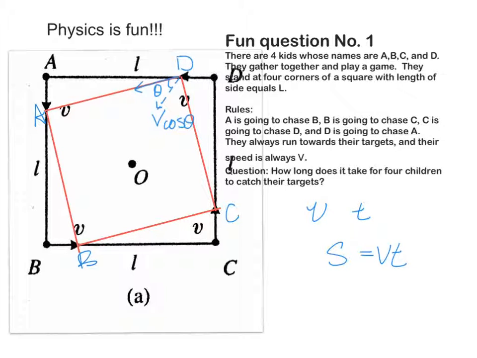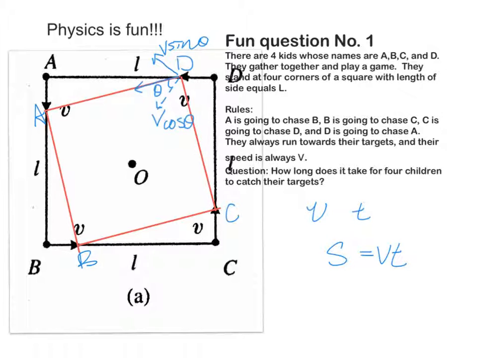It is pretty interesting that they always stand at the corners of a square, which makes me think that we can divide velocity into two directions. One is towards the center of the square, and the other one is perpendicular to that, which is v sine theta. And the magnitude of the portion towards the center of the square equals v cosine theta.